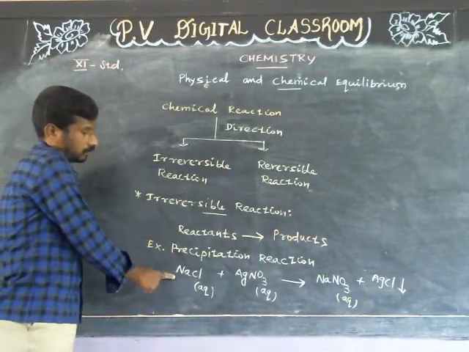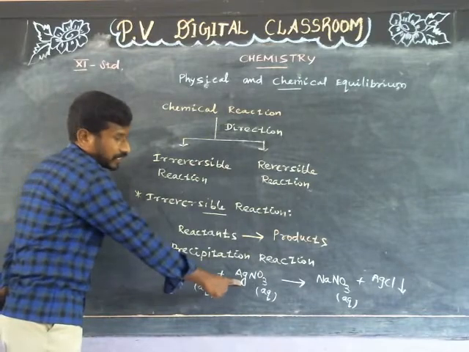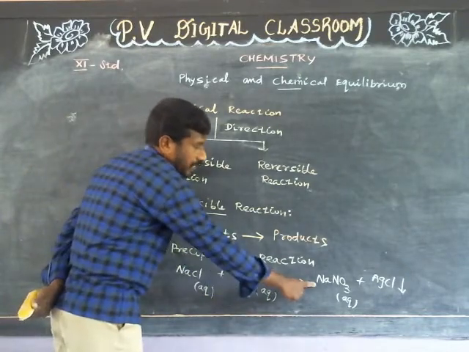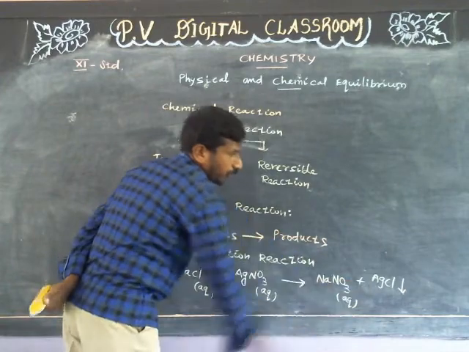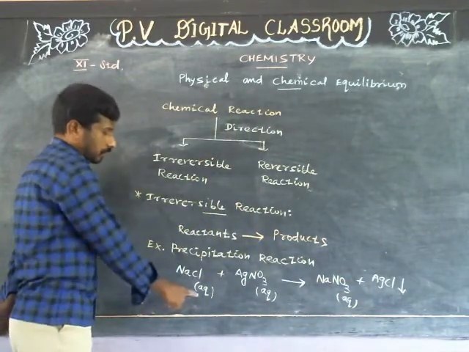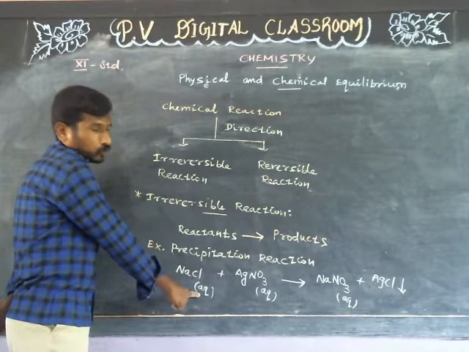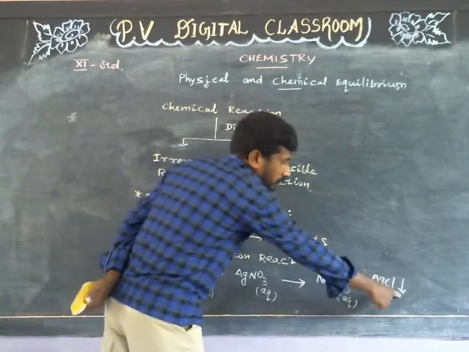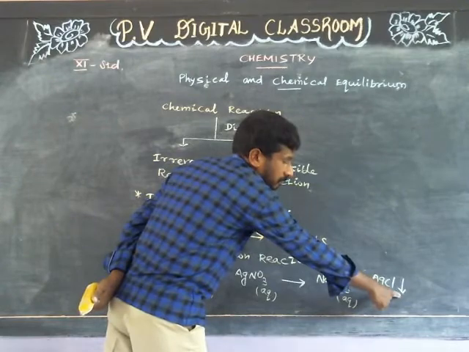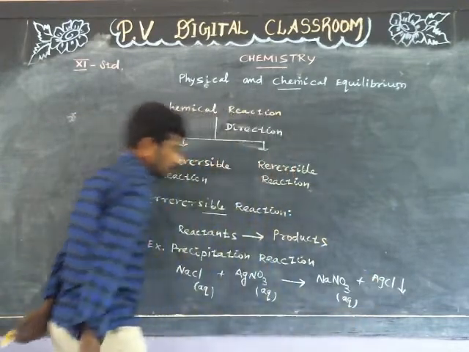Sodium chloride reacts with silver nitrate to give sodium nitrate and silver chloride, where aq represents aqueous solution. This arrow mark represents precipitate.